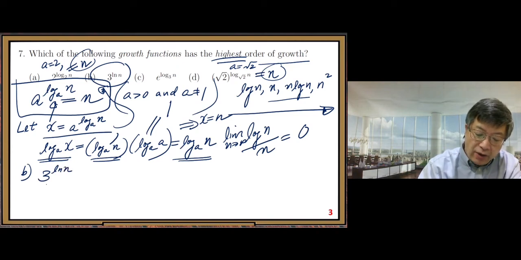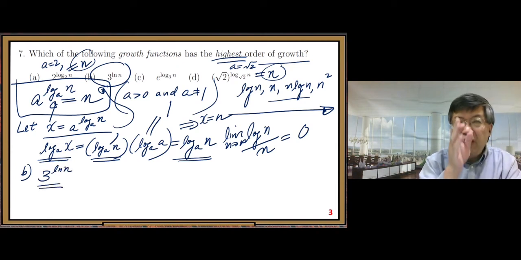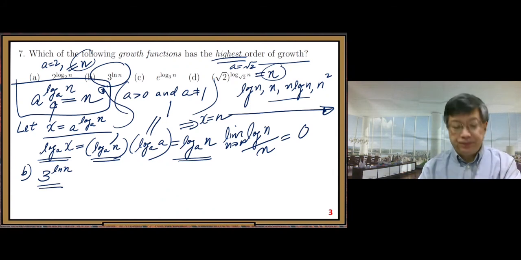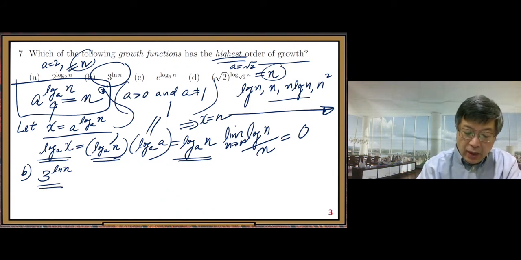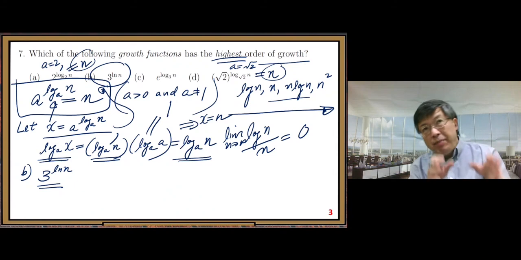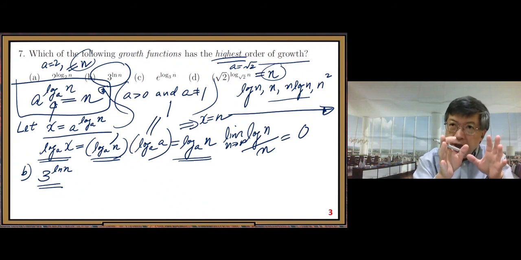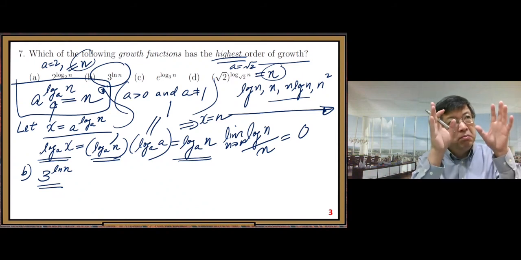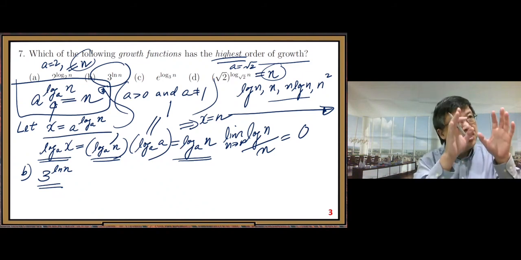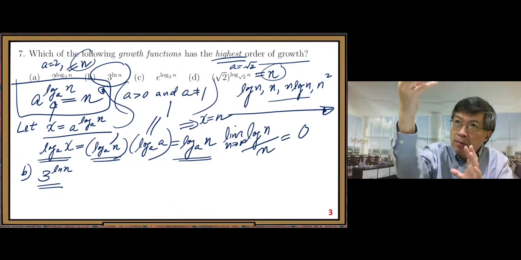How do we simplify that form? Because base 3 is different from the log base E. But can we write 3 as base E to some number?